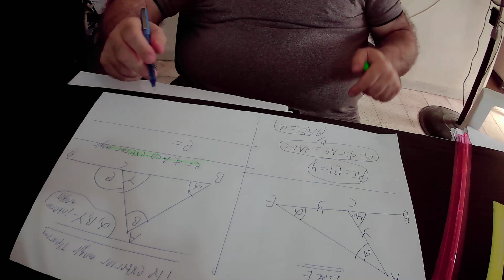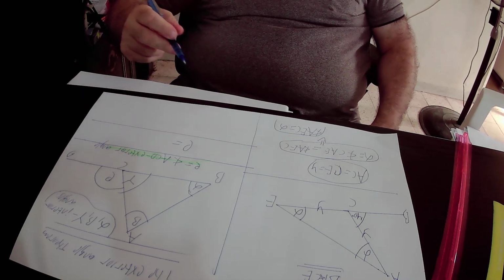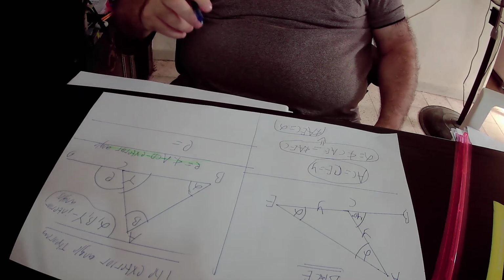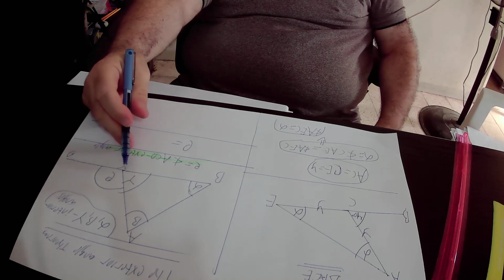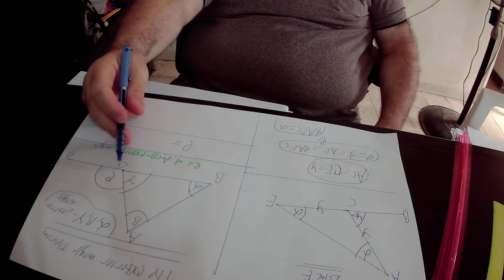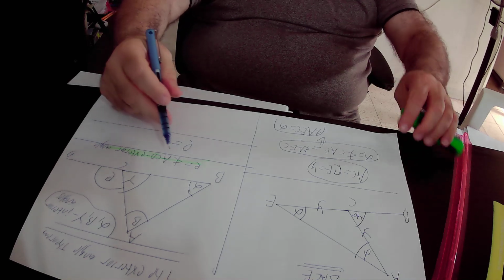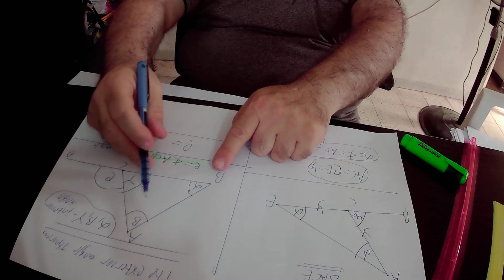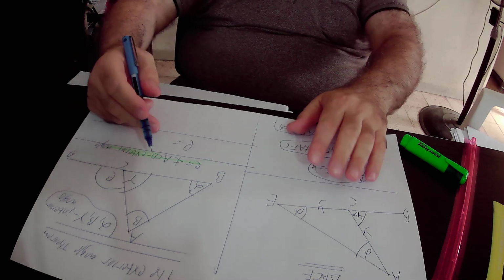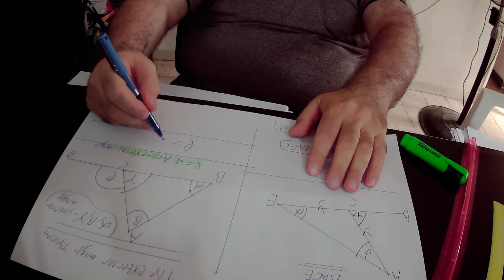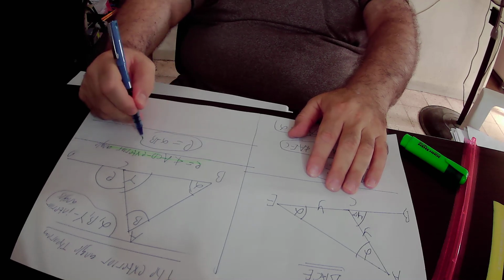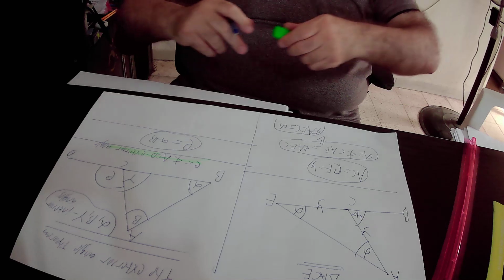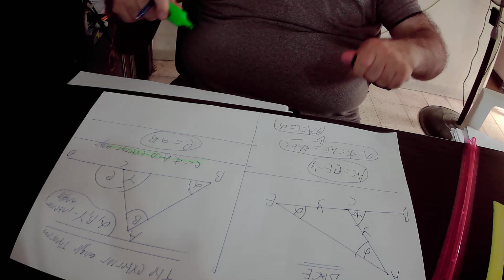The size of the exterior angle E is equal to the sum of the two interior angles that are not adjacent to it. This angle gamma is adjacent to angle E, and the two other angles that are not adjacent to it are alpha and beta, and the sum of those two angles is alpha plus beta. So in conclusion, we found out that the size of the exterior angle E is equal to alpha plus beta.